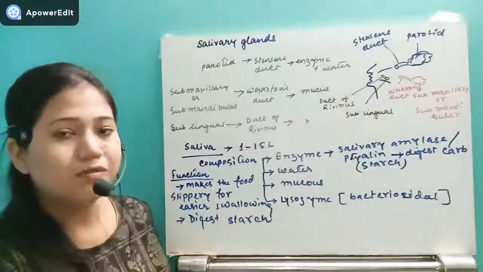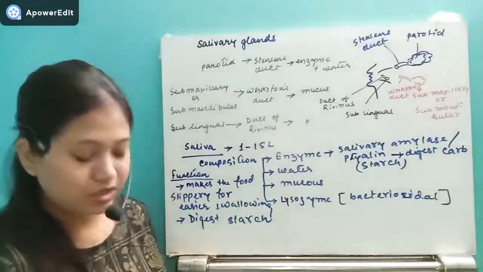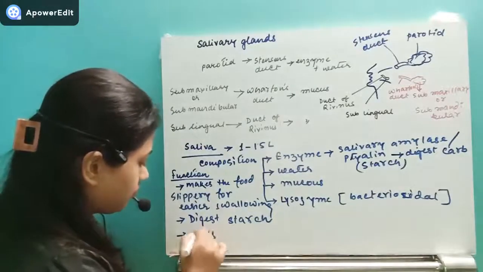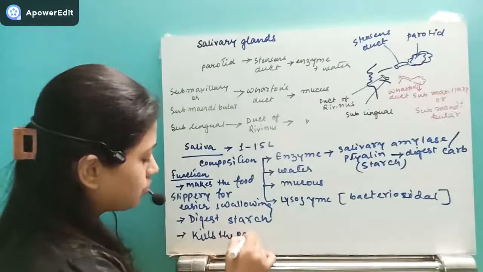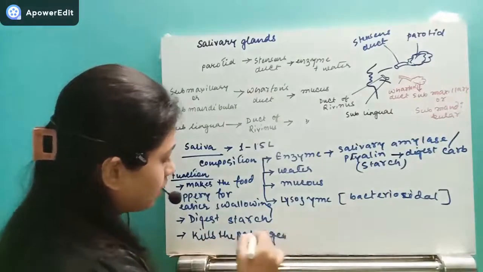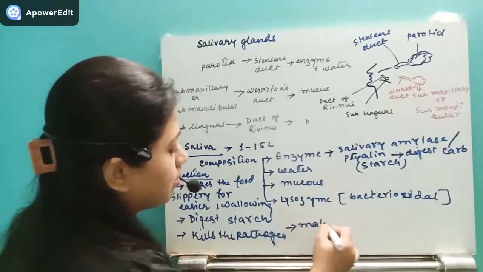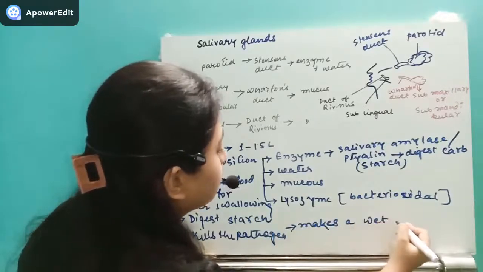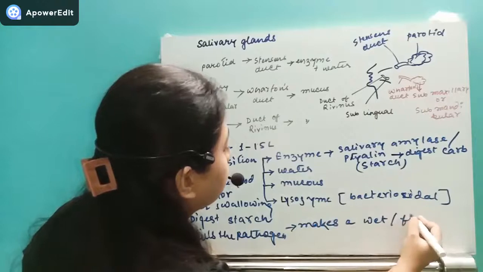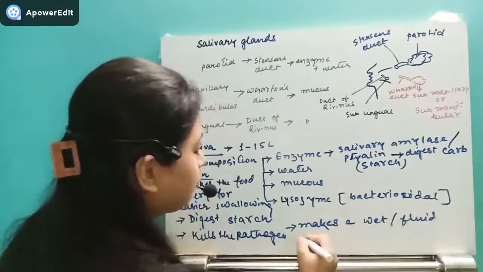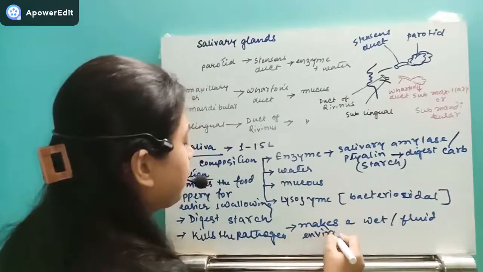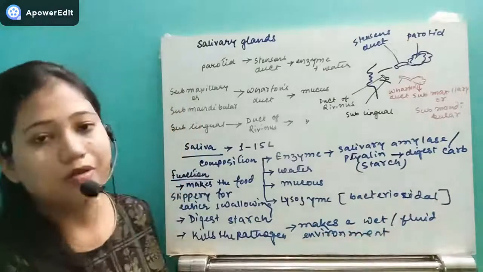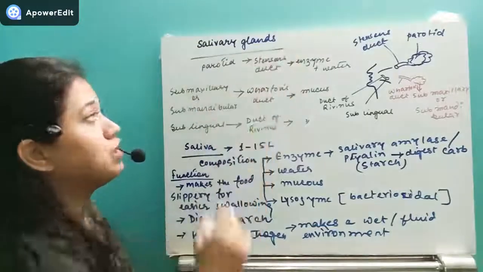It makes a wet environment in our mouth. It kills the pathogen. And it makes a wet or fluid or liquid environment. So that is about the salivary glands you need to know.